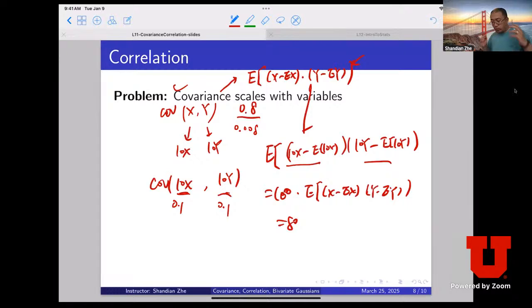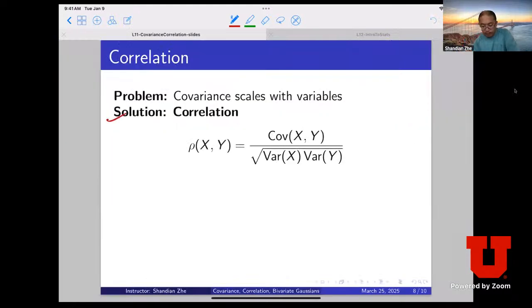So how do we address this issue? We want to introduce a metric that is invariant to scaling. That brings us to the correlation. The full name is the Pearson correlation. The idea is pretty simple.